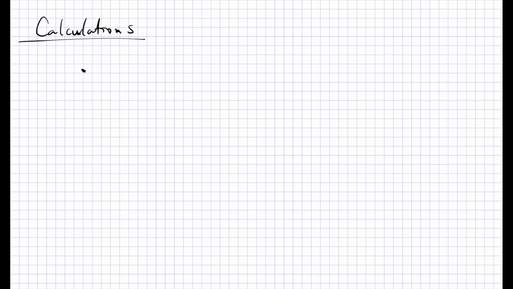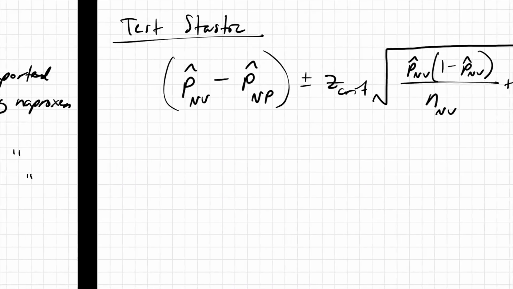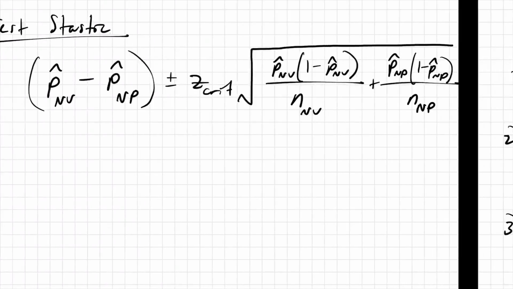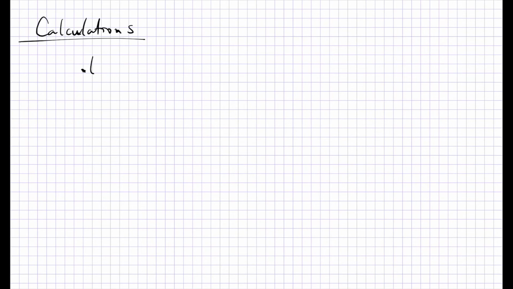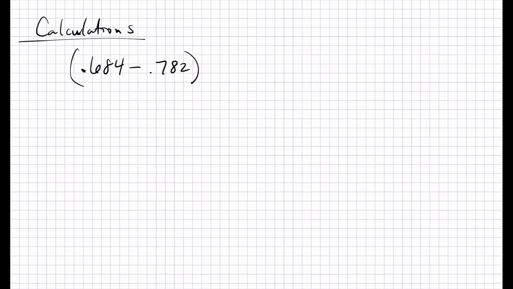So we have P hat NV, which was 0.684, minus 0.782, plus or minus Z critical. What's Z critical for 99%? 2.576.